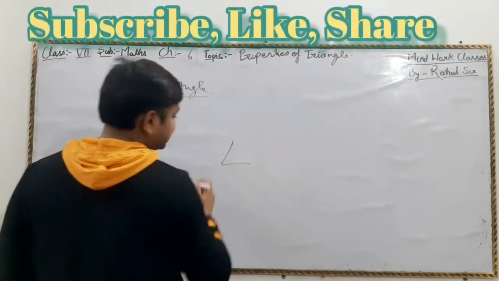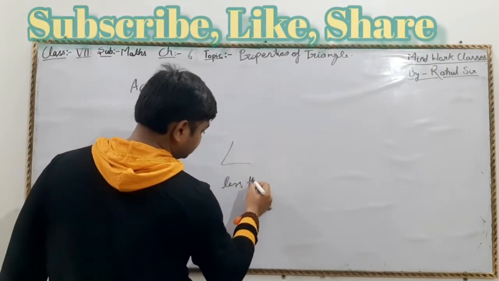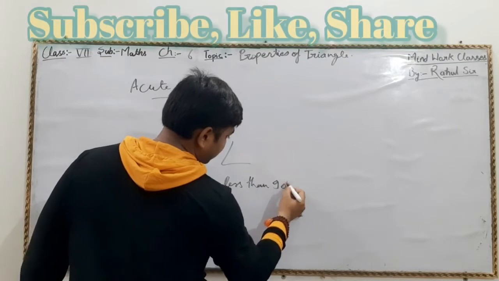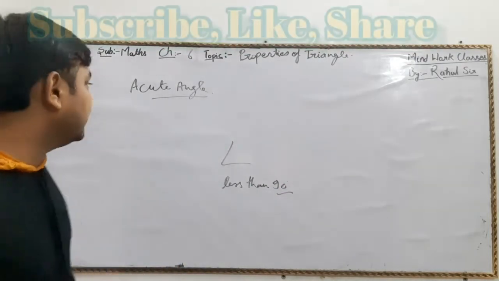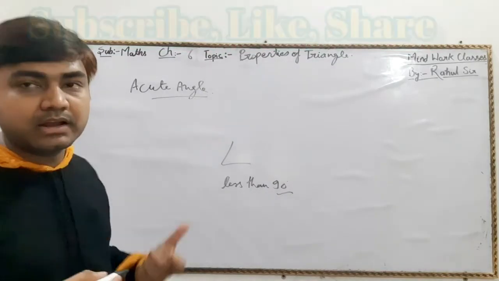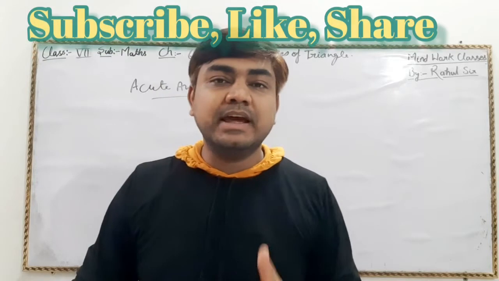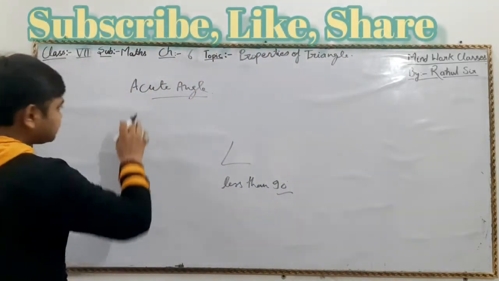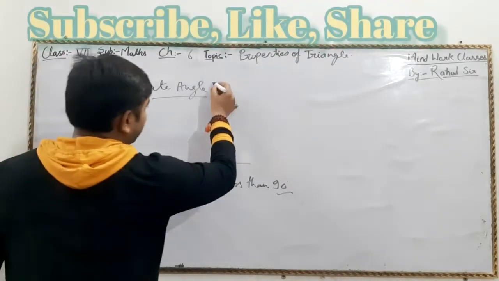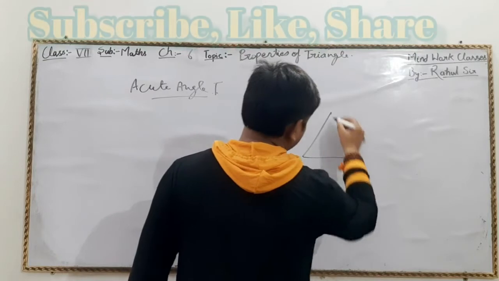Any angle which is less than 90 degrees is known as an acute angle. So that triangle which has all the angles less than 90 degrees is known as an acute angle triangle.